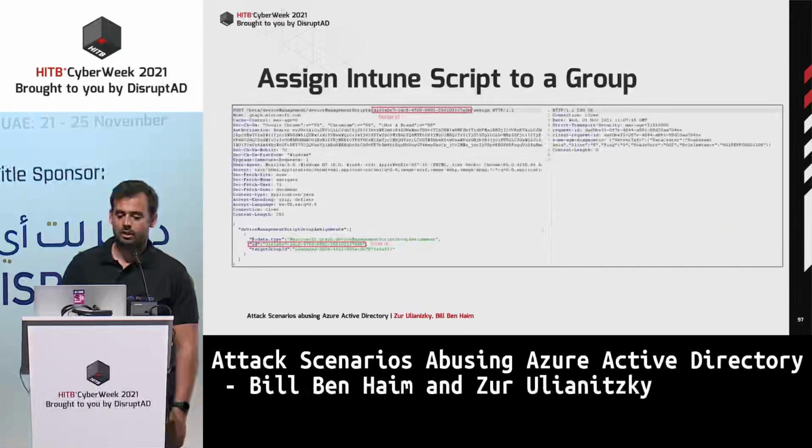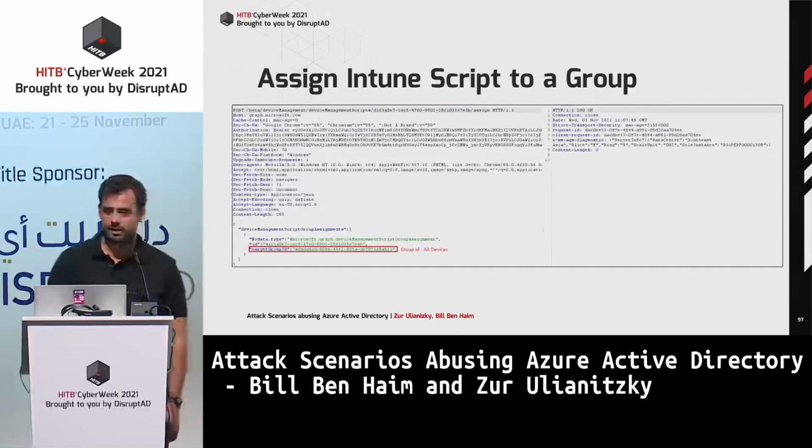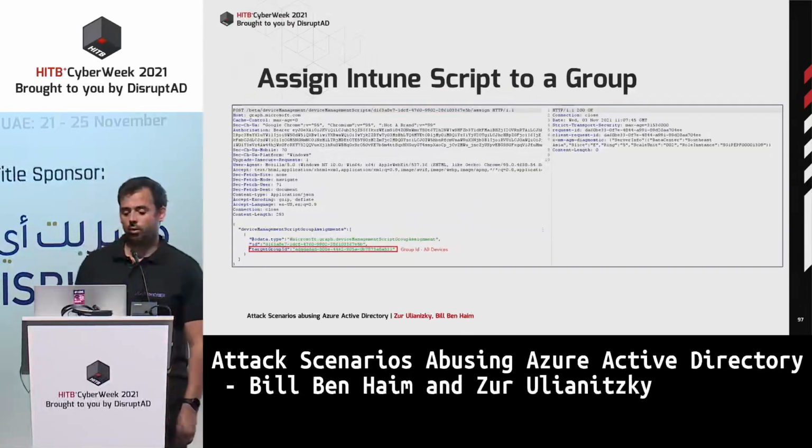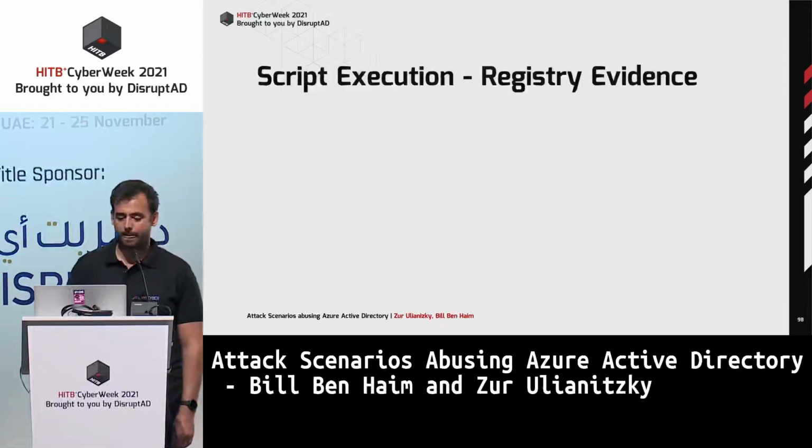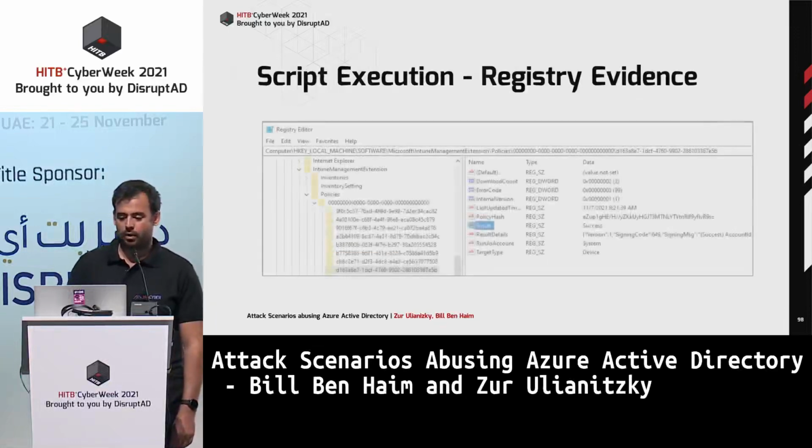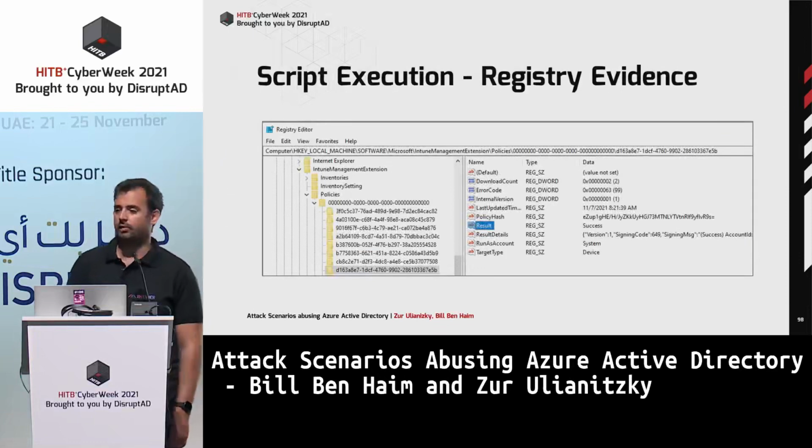As you can see in the URL and the body of the request, we are using the script ID from the previous slide, and we assign it to a group of devices. In this case, we have a special group ID, which is basically all the devices within the Azure AD tenant. When the script executes on the victim's machine, we can see that it creates a folder with the script ID.